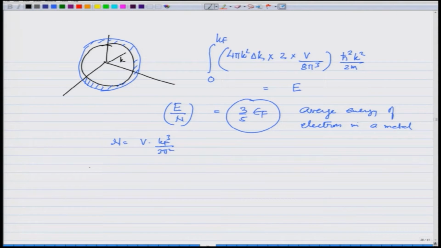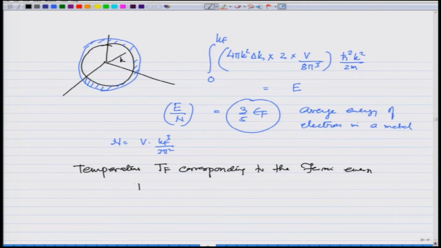If you calculate the temperature Tf corresponding to the Fermi energy, Tf will be equal to Ef over k Boltzmann, and you will find that it comes out to be of the order of 50,000 Kelvin.